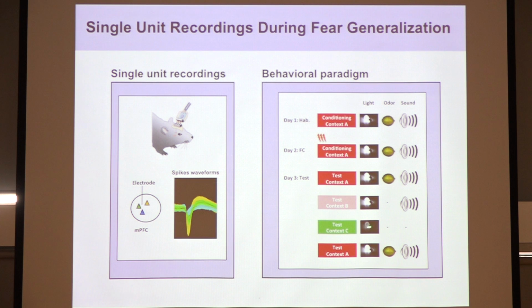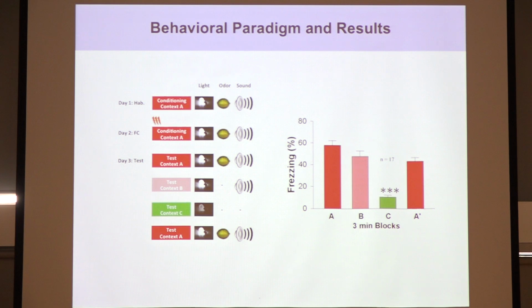Here in context C, we dim the light, we remove the lime odor, and we remove the sound presentation. So this one is really different from the conditioning context, and we recreate the conditioning context at the end. So this is basically the behavioral protocol. Again, the animals stay in the same place, and we just remove some contextual elements. And this is the behavioral result we got. Again, we measure the freezing behavior in those animals.